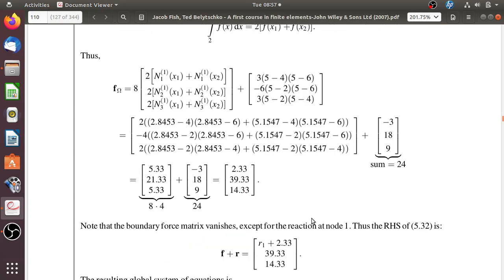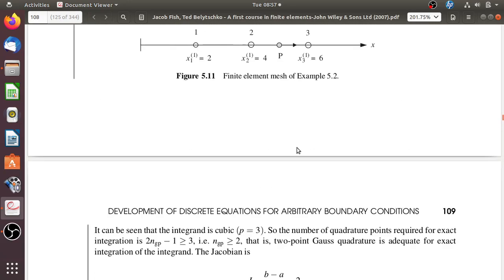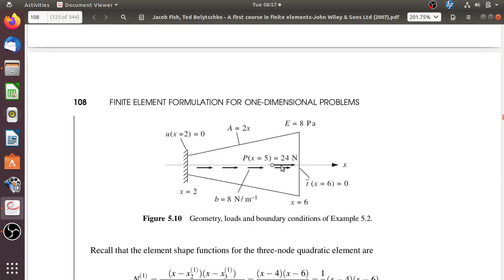Now let's see how to account for this point load. This point load, we can treat as a distributed load. The only thing is it's distributed such that it's zero everywhere, and it's intensely distributed at this particular point.